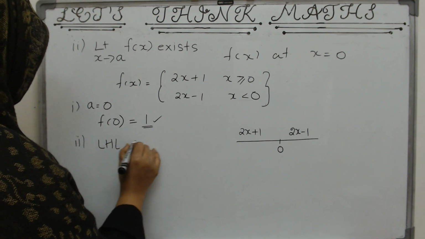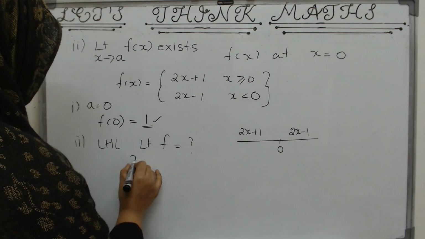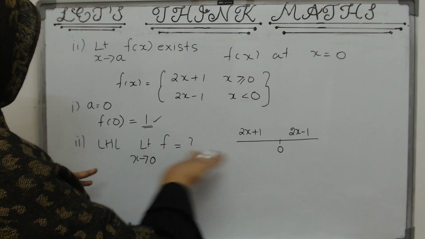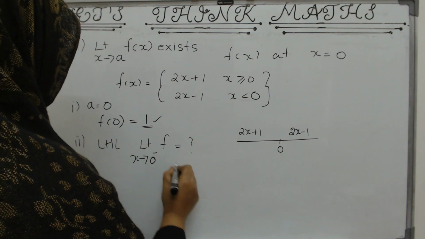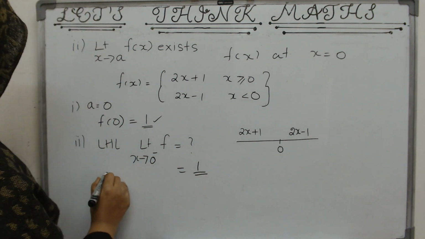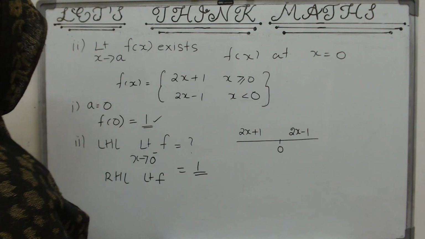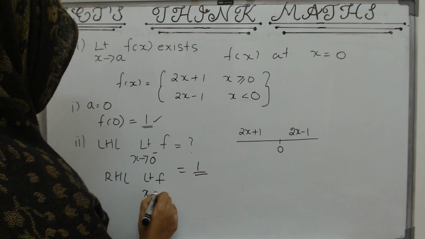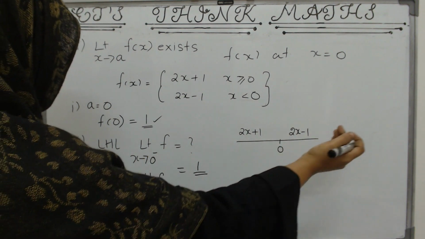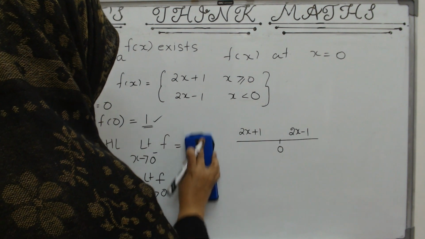Go to the second condition. What is the left hand limit? What is that value of f which happens when x approaches 0 from the values less than 0? If you put 0 here, you get 1. Then what is your right hand limit? What is that value of f you get when x moves towards 0 from the values greater than 0?